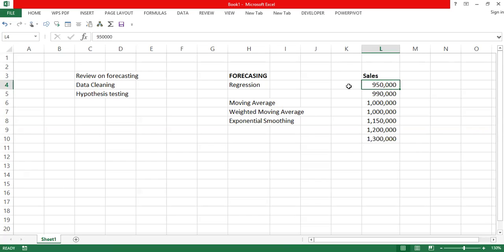If the advert is what is influencing the sales, and there's a strong relationship between them, it will be better you just use regression for such a problem.